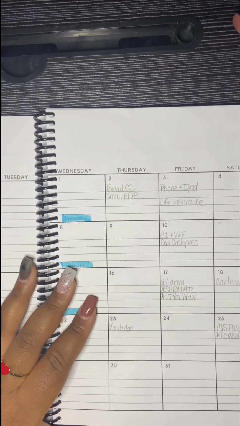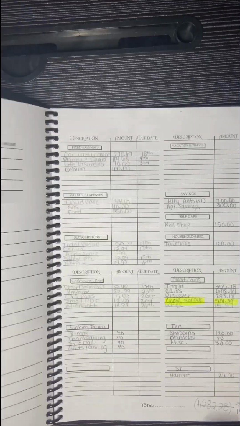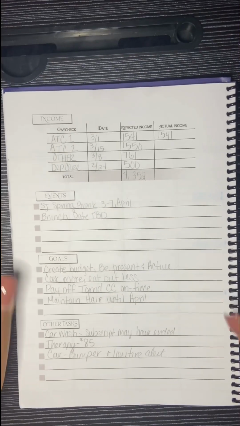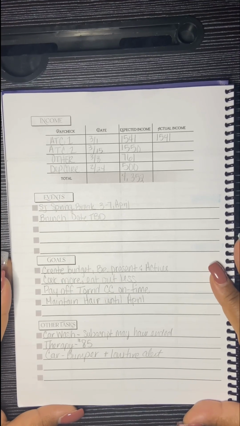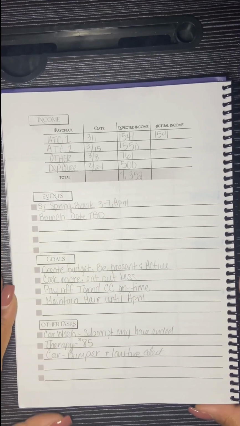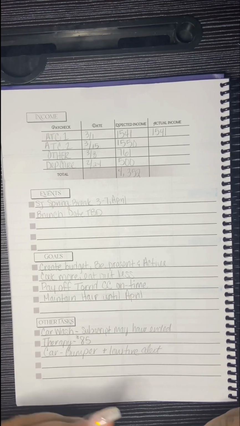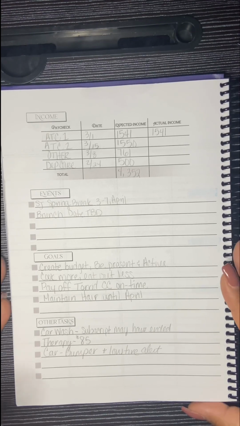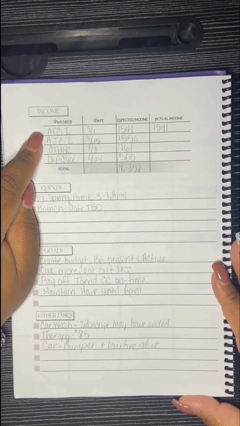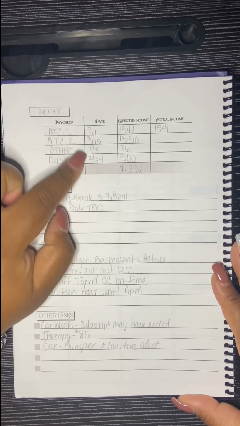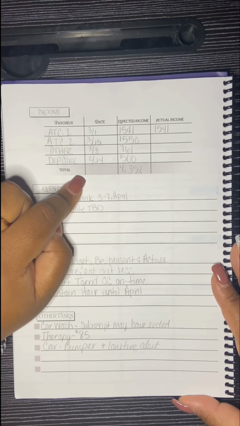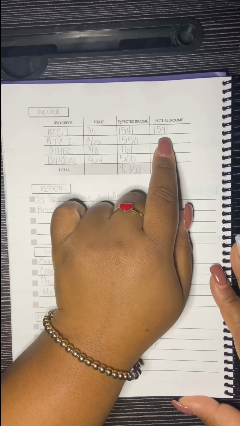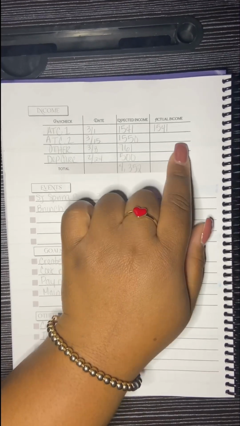The next thing I did was go over to this section. This was me entering my actual budgeting for the month of March. I listed out all of my paychecks, the days that I should receive them, the expected amounts, and I already know what my first amount is going to be, so I put the actual amount there.